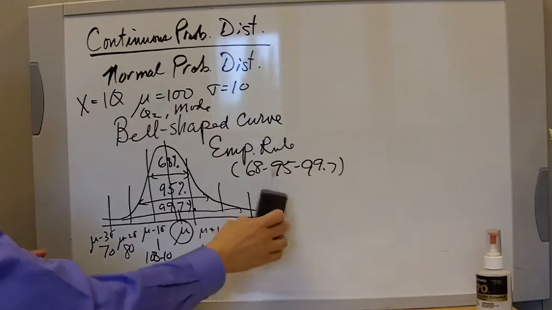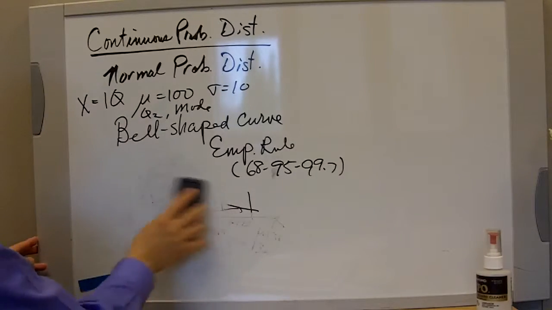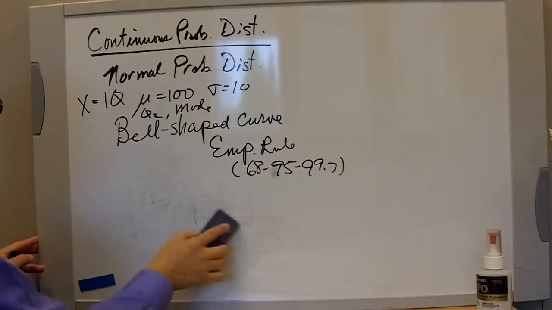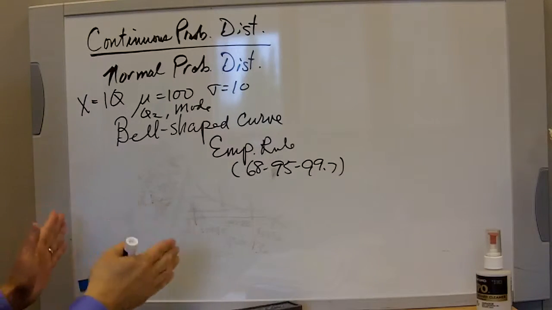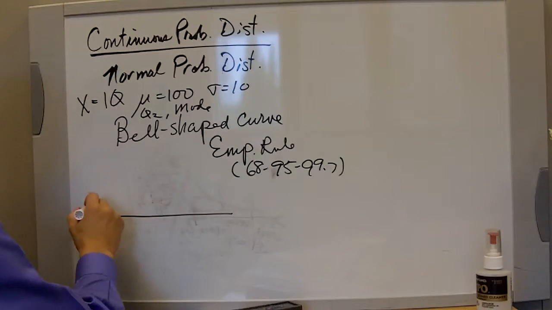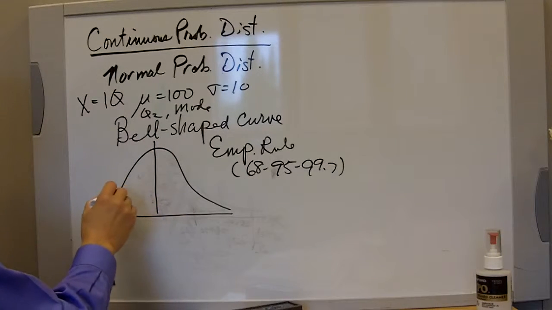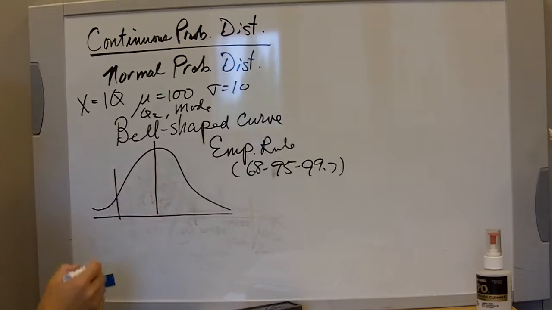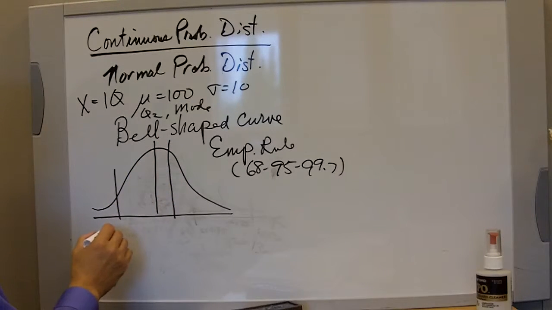There are times that we are not going to just look at 1, 2, or 3 standard deviations. Maybe we are asked to approximate, say, the probability or percentage of people with scores between 80 and 110.